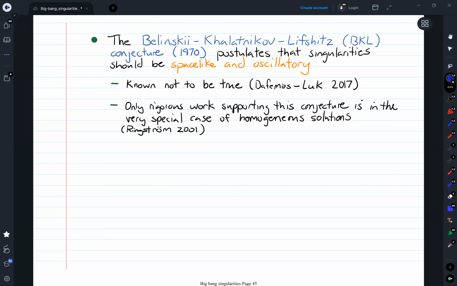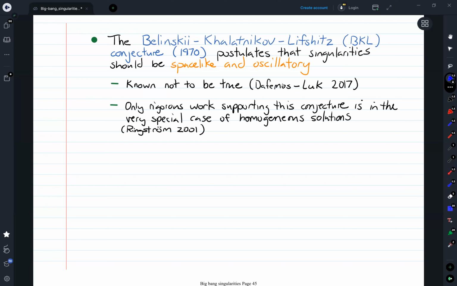There are very few rigorous results supporting it. There's only work in the homogeneous setting where the Einstein equations reduce to ODEs. And there you have ODE theory, which is much more powerful than PDE theory, okay? There it's been shown that this conjecture is true under certain assumptions, but the important part is you can analyze the oscillatory behavior near singularities using ODE techniques.